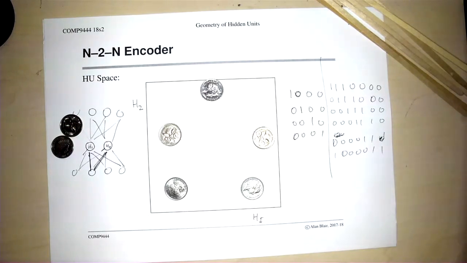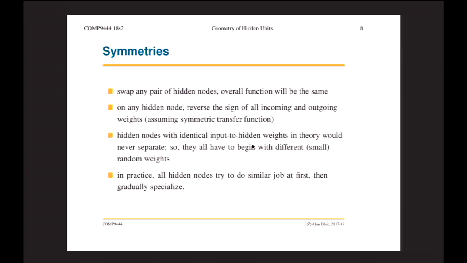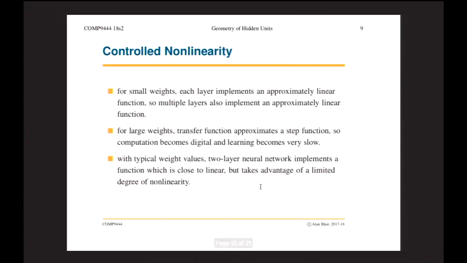So these hidden nodes start out doing very similar jobs, and then over time they differentiate. Okay, I think that's what I said here. So this gives us a little bit of help to visualize these spaces.